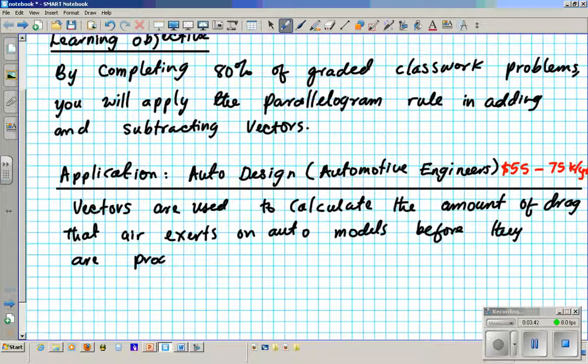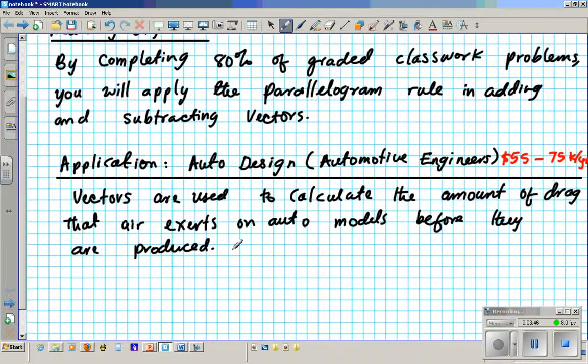Alright? We know that cars do not drive in a vacuum, they drive in an atmosphere with a lot of air. So if a car has a lot of air drag, then it's going to waste a lot of gas. If it's very aerodynamic, little air drag is going to save a lot of gas. So that's why it's important to calculate the air drag on a car before it's designed, so you can make sure it's fuel efficient.